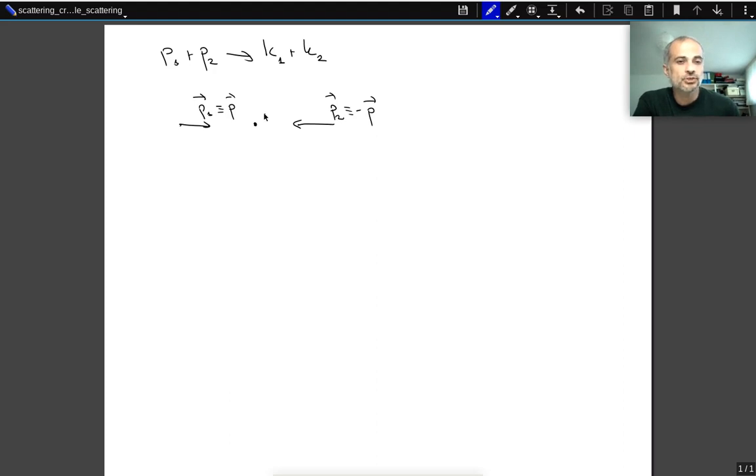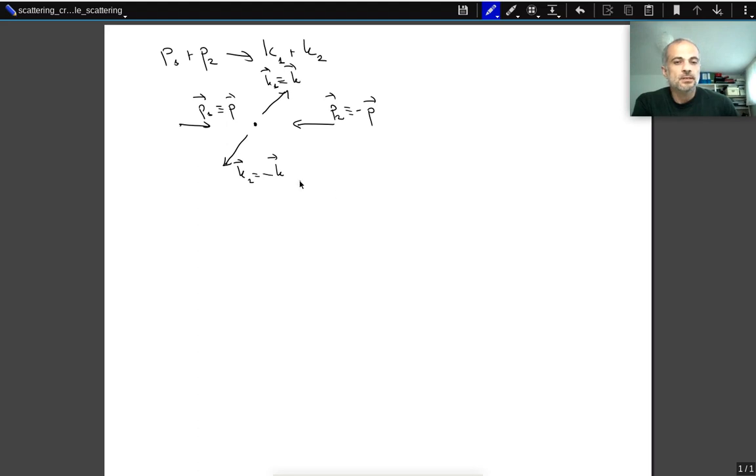Well, after the collision, one of them will move in one direction and the other one will be moving in the completely opposite direction. Let's say this is k1, which is k, and this is the k2 3-vector, which will be minus k, because we already used the momentum conservation.